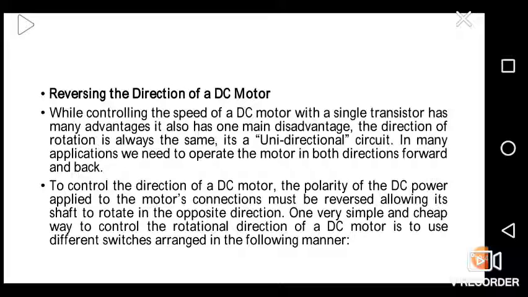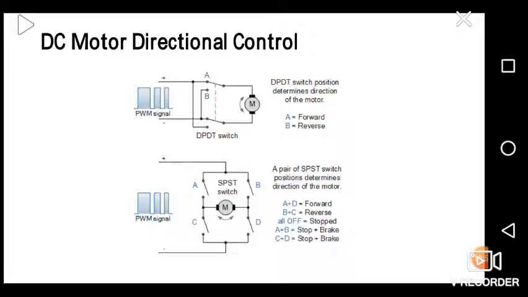One very simple and cheap way to control the rotational direction of a DC motor is to use different switches arranged in the following manner. The figure shows DC motor directional control.